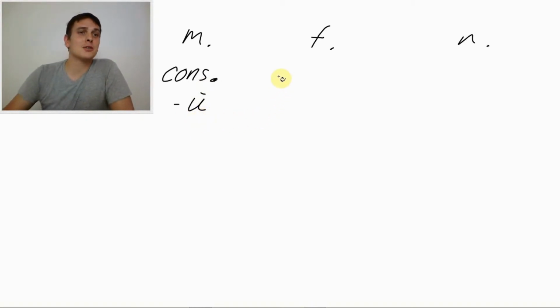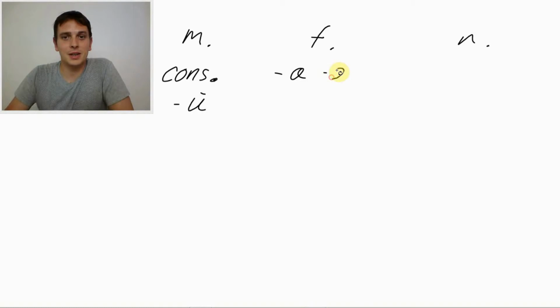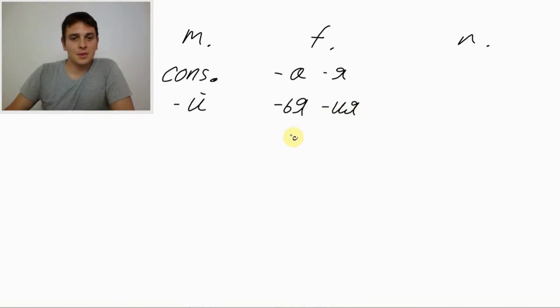For female, it's not that easy. For female, we get the endings a, ya, soft sign ya, then iya. So there are four endings that will distinguish a feminine word, however with quite a few exceptions.